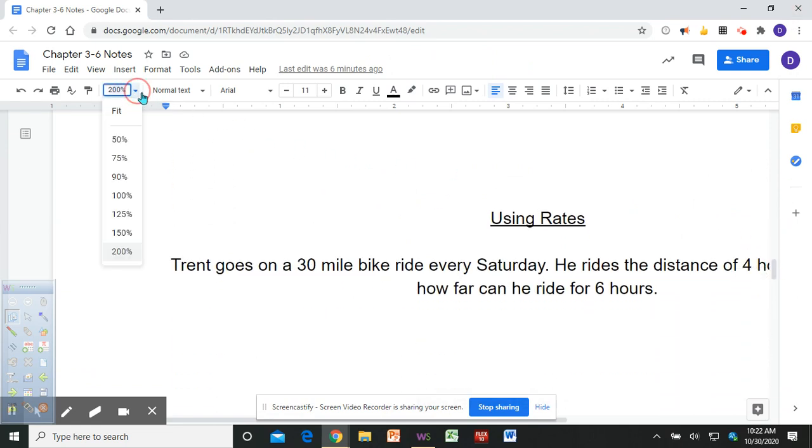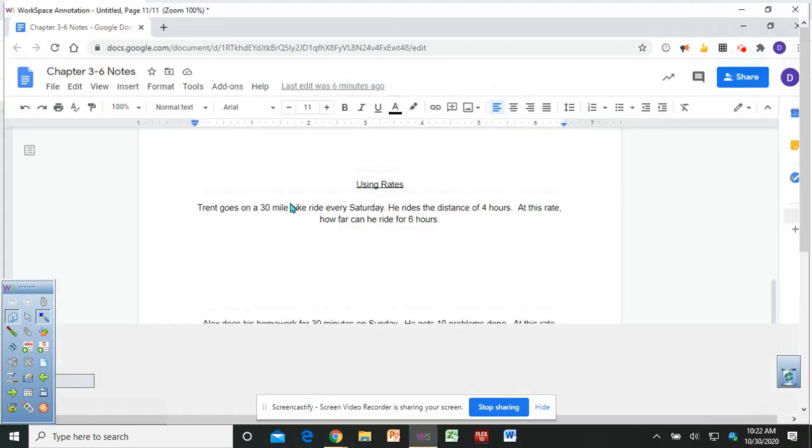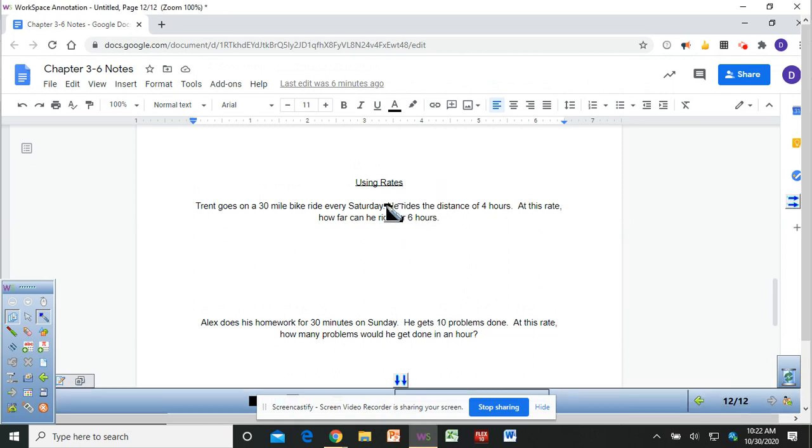Okay, so let's see what some word problems look like. Trent goes on a 30-mile bike ride every day, and that takes him 4 hours. At this rate, how far would he go in 6 hours? So if we think Trent can go 30 miles, we're going to set this up like a proportion, in 4 hours. That is the same as if he goes how far in 6 hours. And notice how when you set these up, you have to have the same on the top.